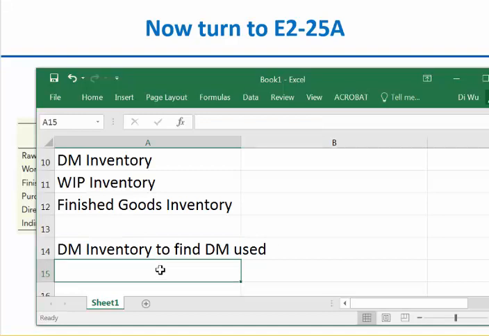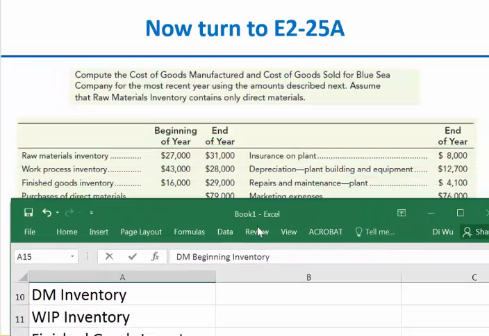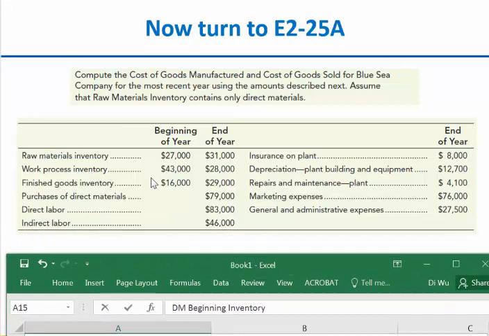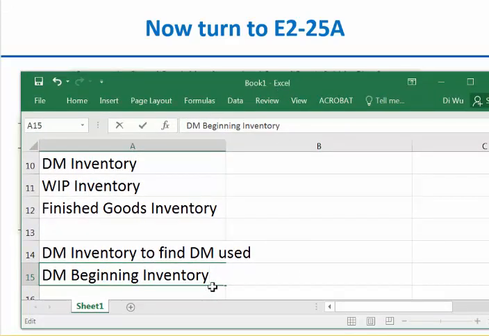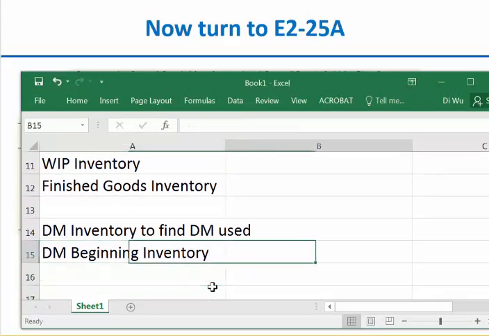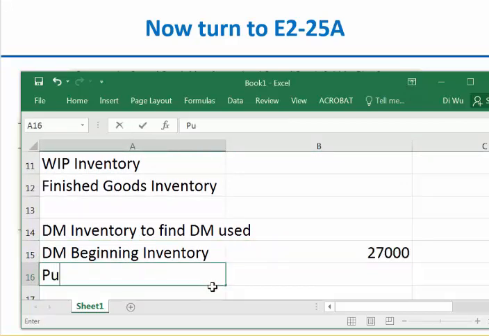So I start with the direct materials beginning inventory. That actually is given if you take a look at this question information. The raw materials inventory beginning of the year is 27,000. So I'm going to start with the 27,000. Then I'm going to look at the purchase of direct materials.